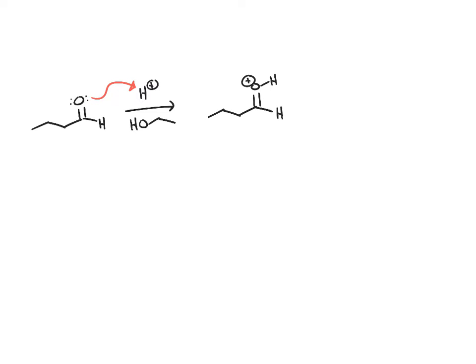Okay, from there we're going to add our alcohol as a nucleophile. And I'm just going to use regular arrows instead of equilibrium arrows to keep it simple. So this will add to this carbonyl carbon.